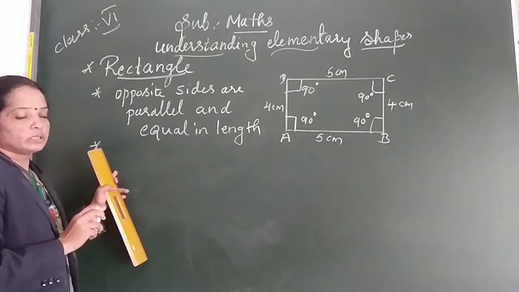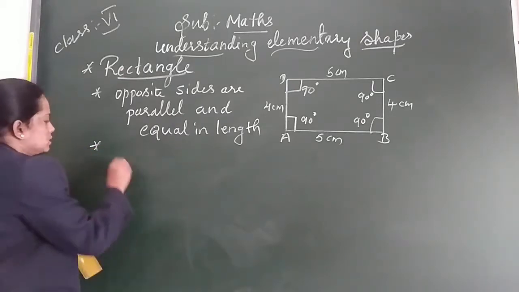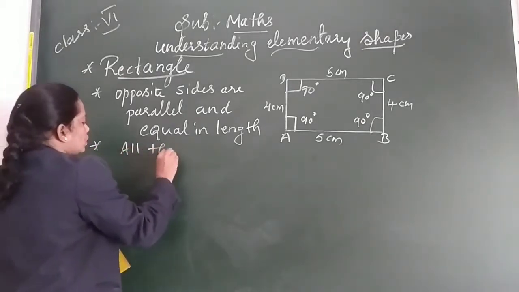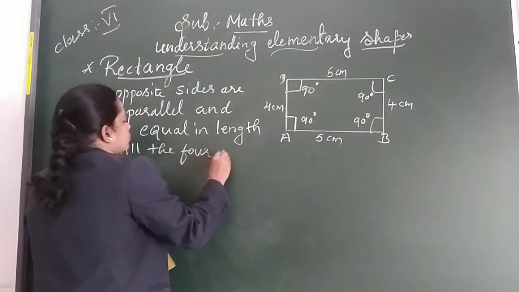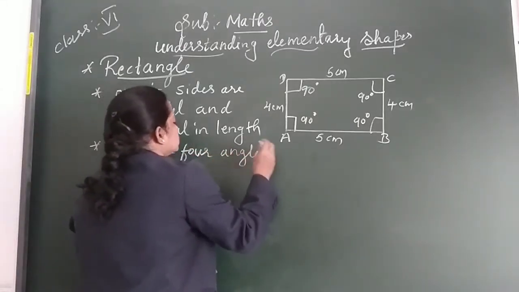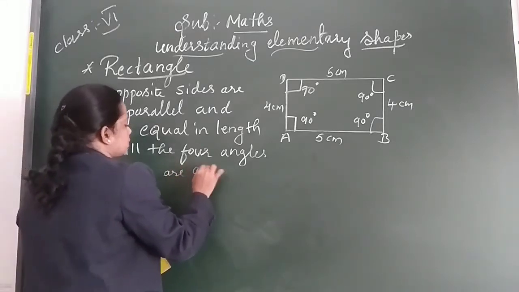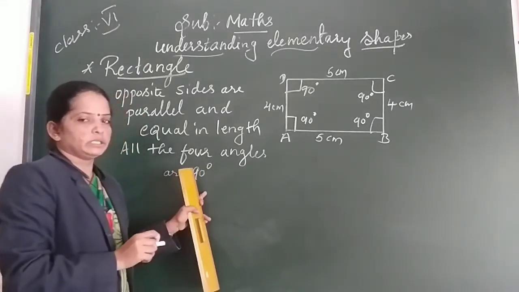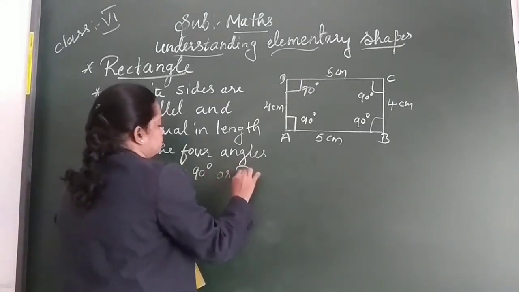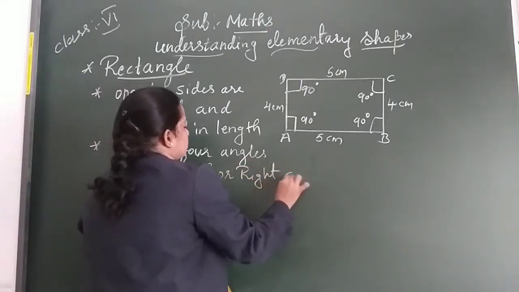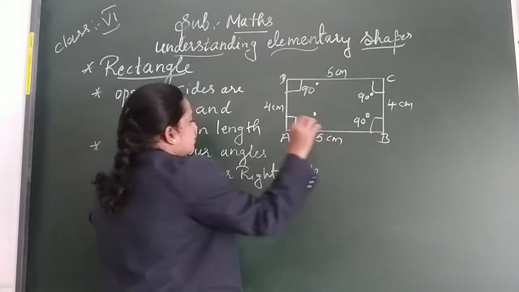Second, all the angles are right angles. All the four angles are 90 degrees, or right angles.